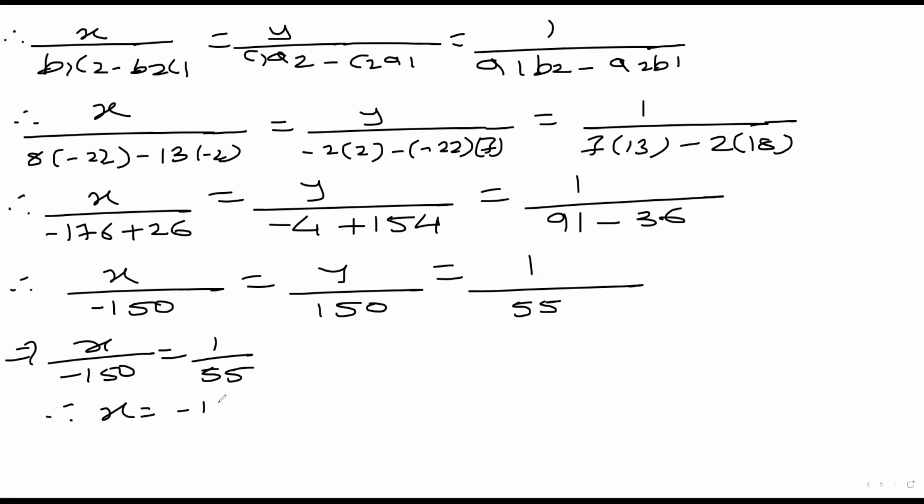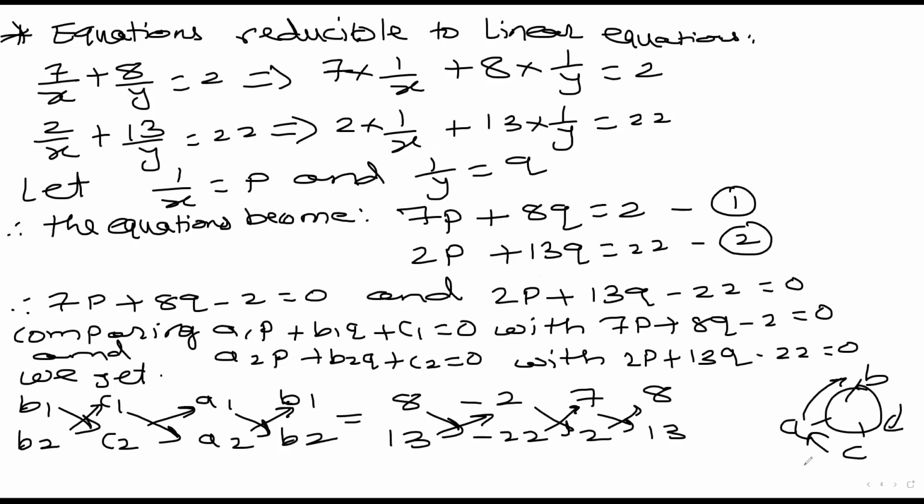Therefore, x is equal to minus 150 upon 55, right? So if you divide by 5, you get 11 and you get how much? Minus 30. So x will be minus 30 upon 11. Now you tell me, what was x? 1 upon x was p.